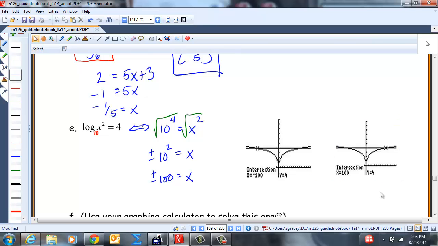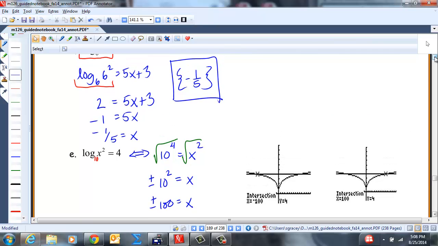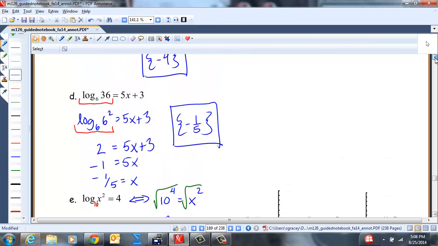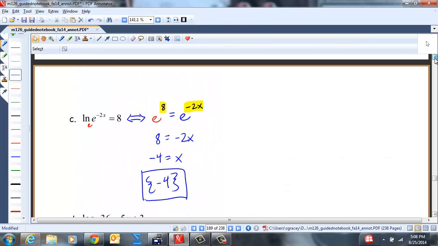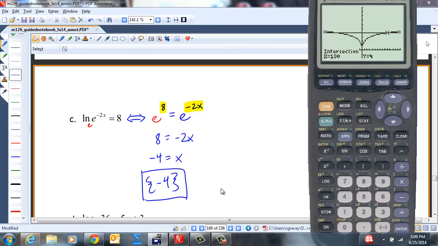Okay? And then while we're at it, we might as well verify. Where was the one where we had the natural log? We can verify this one. So let's go here. I'm going to go to Zoom Standard, since we didn't have big numbers here.